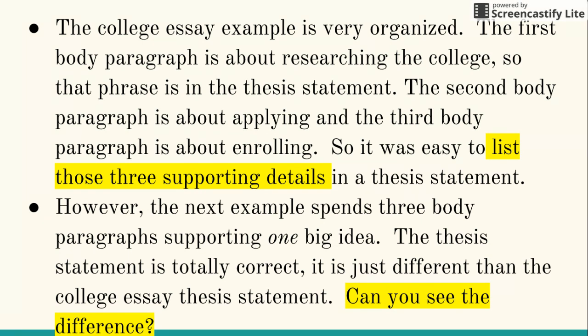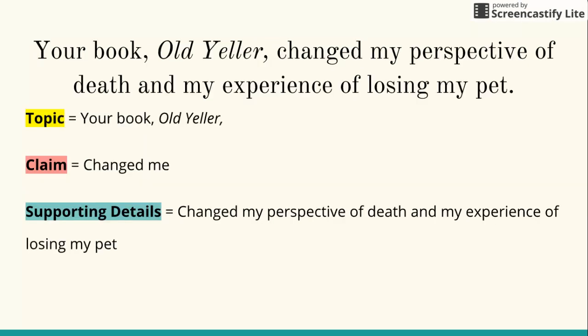However, the next example spends 3 body paragraphs supporting one big idea. The thesis statement is totally correct. It is just different than the college essay thesis statement. Do you see the difference? You do not see a list of 3 things there at the end. It has a topic, Old Yeller, the book.